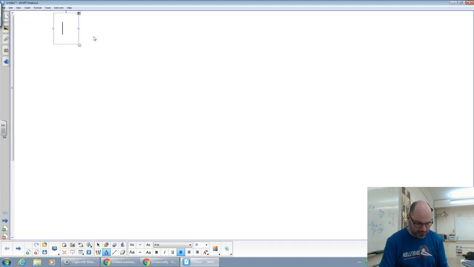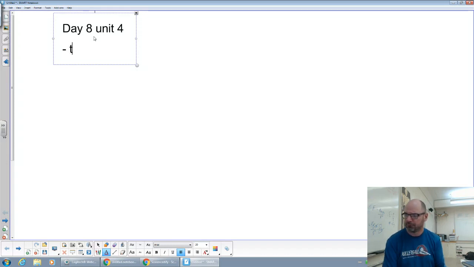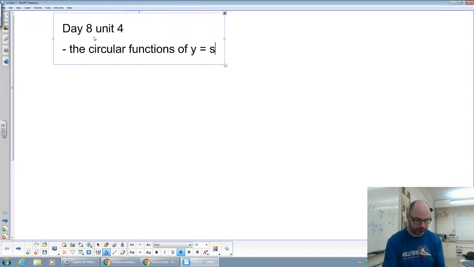So this is day 8. We're looking at unit 4 still, the last unit. We're going to look at the circular functions of y equals sine x and y equals cosine x.